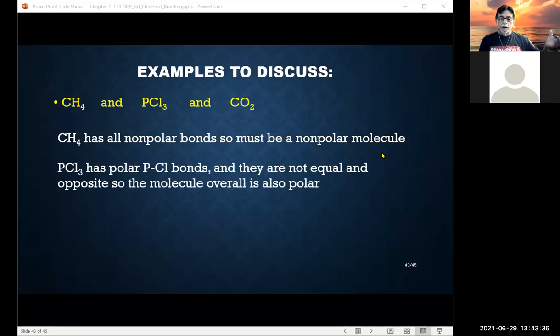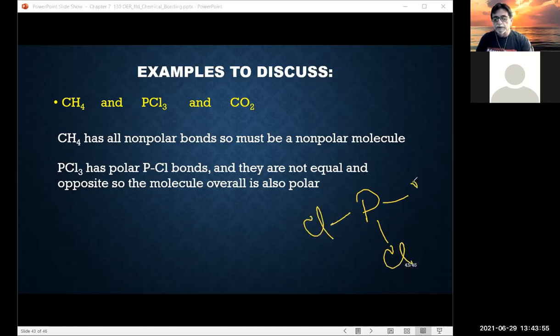Okay. Now PF3, I'll leave this part to you so you can get some experience with Lewis dot structures. But after you're done, you should end up with a structure geometry that looks like this.